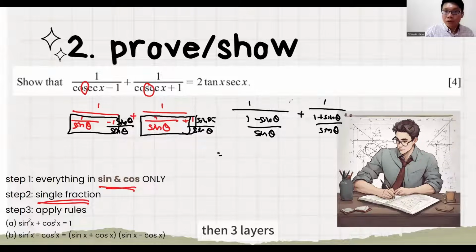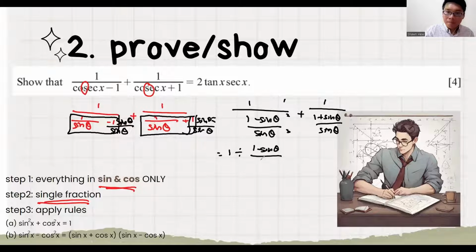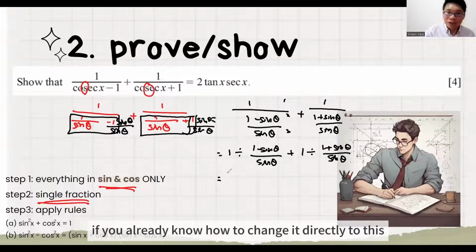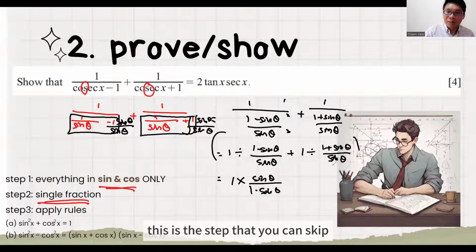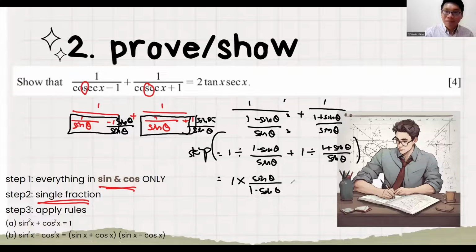Then 3 layer, I change it back to 2 layer first. If you already know how to change it directly, this is the step that you can skip. But if you're not confident, just step by step. This is an optional step.